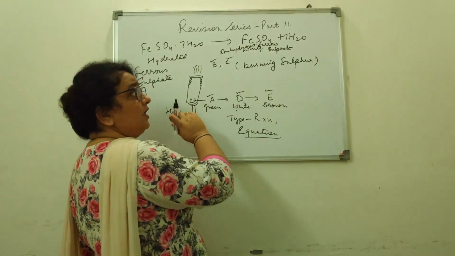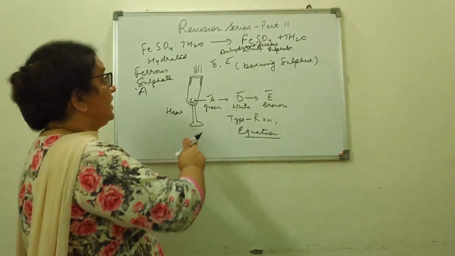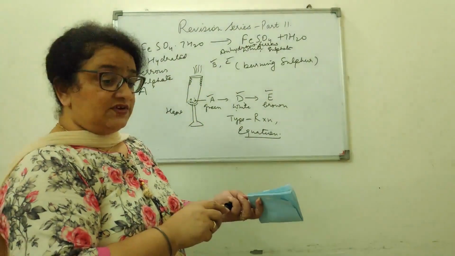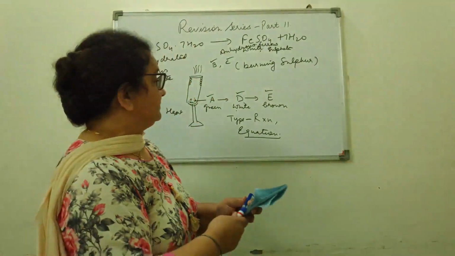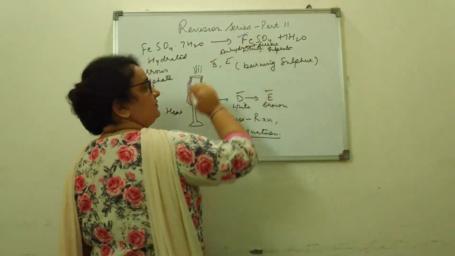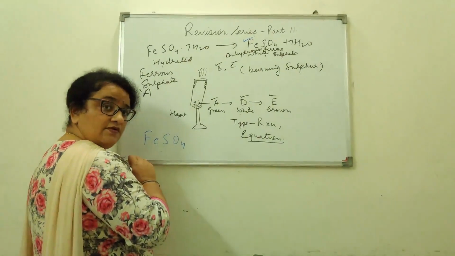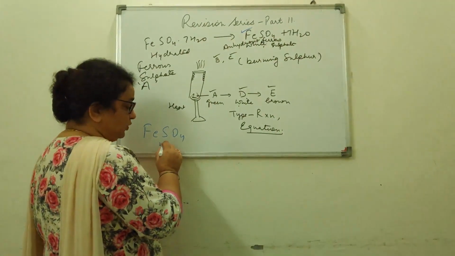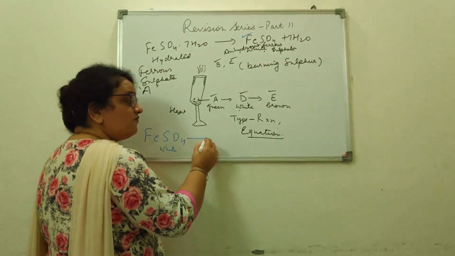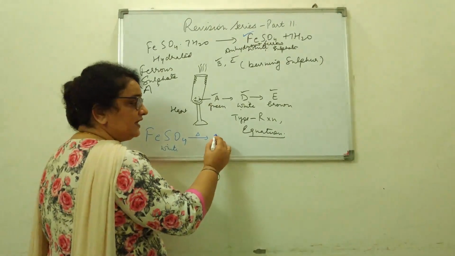Now we are going on with further heating. I'll write it over here with a different color so that you can understand. This salt on further heating, FeSO4, ferrous sulfate, which is white in color. On further heating, what will you get?